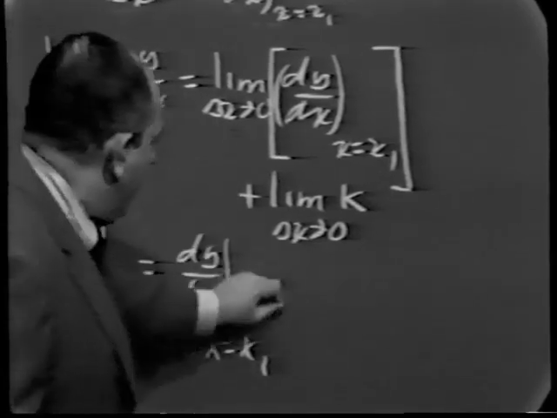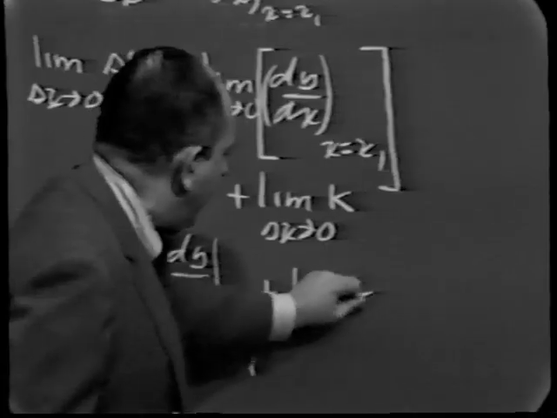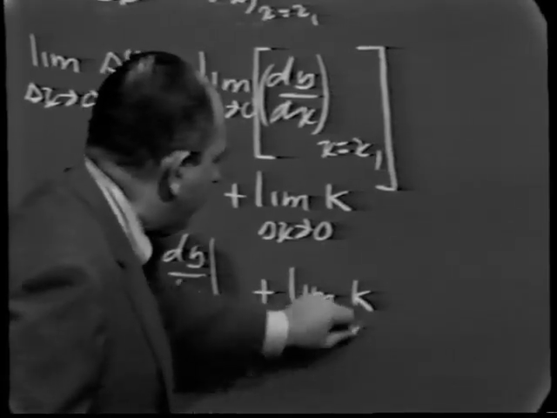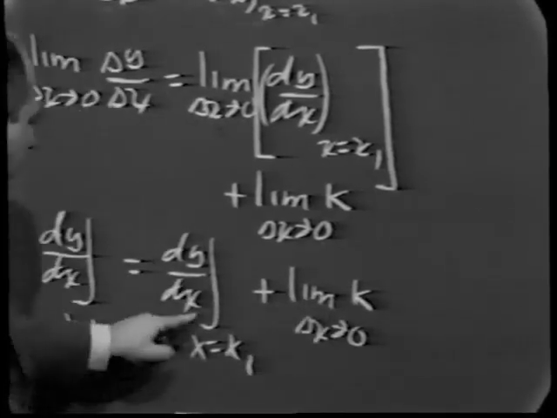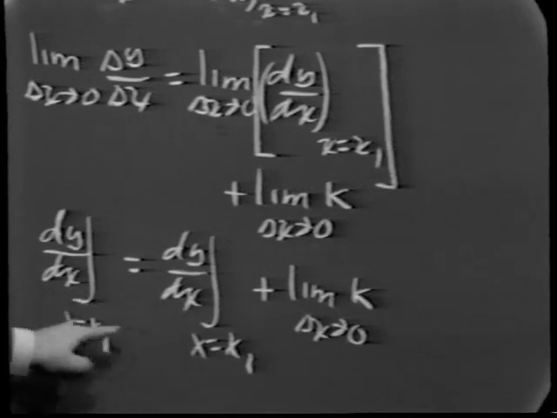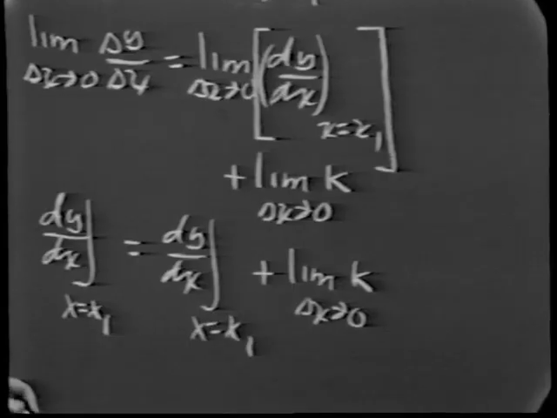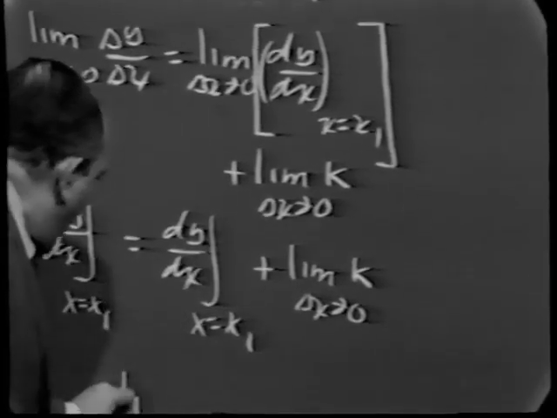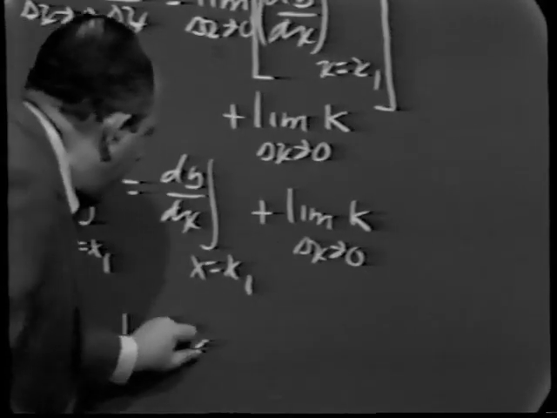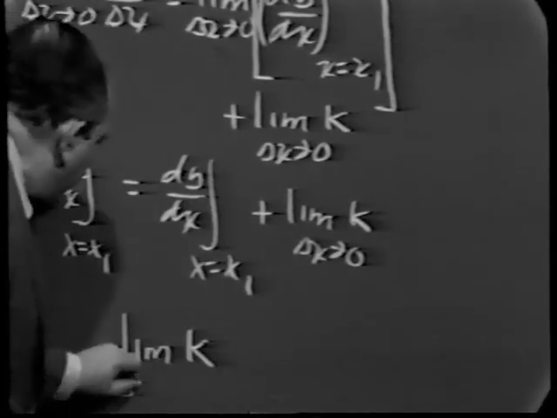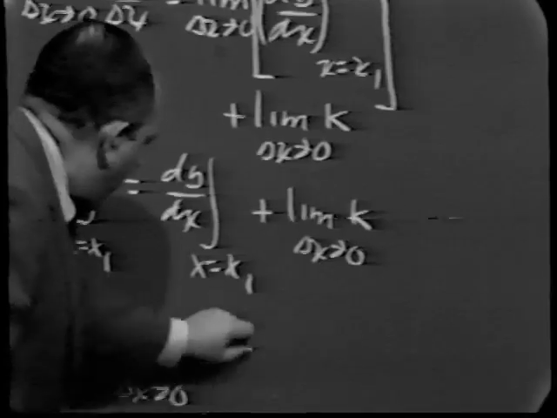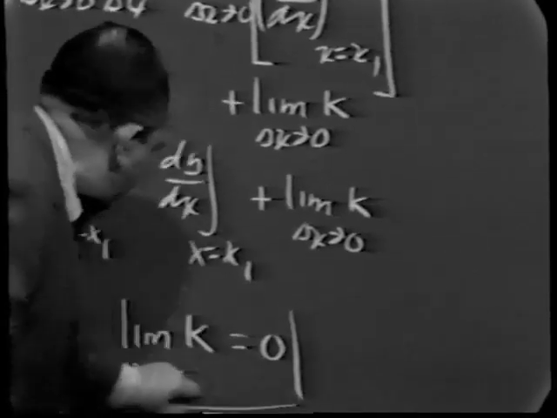And of course, this term here is just the limit of k as delta x approaches 0. And now you see, since all we have to do is observe that this term appears on both sides of the equation, canceling or subtracting equals from equals, we wind up with the result that the limit of k as delta x approaches 0 is 0.